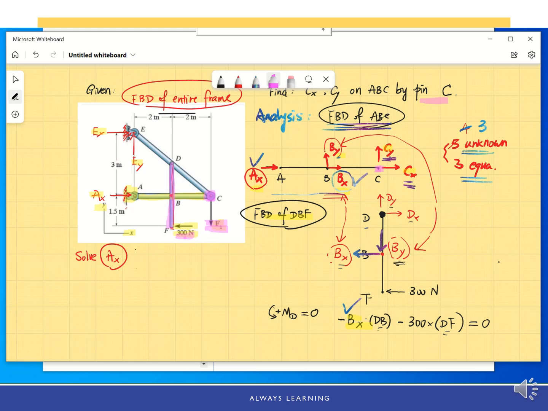Well, this force does have an effect on the forces of ABC. Cx and Cy are different because of the F1.